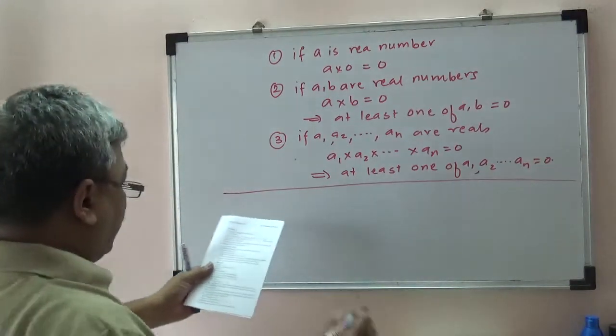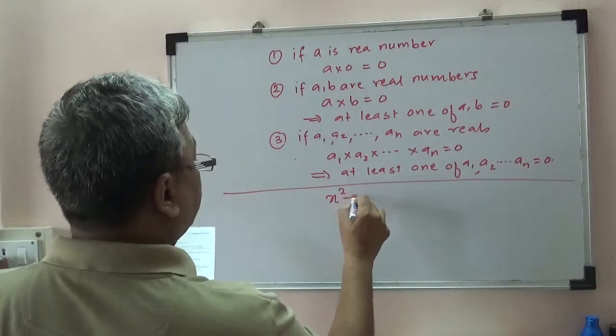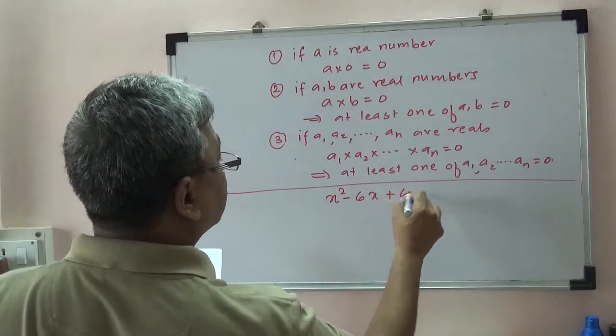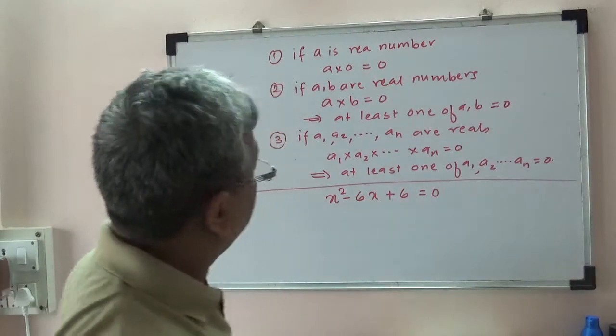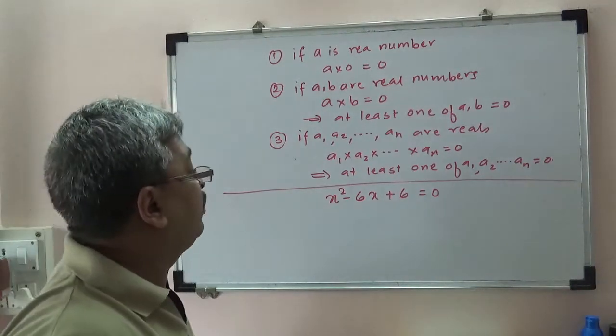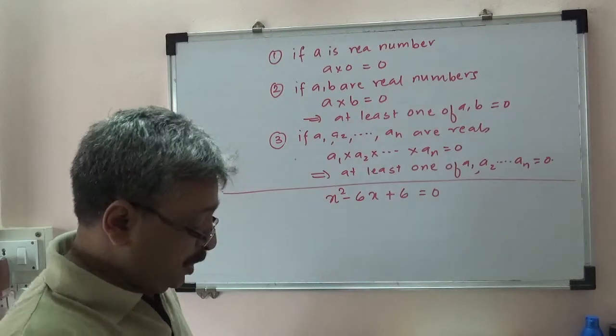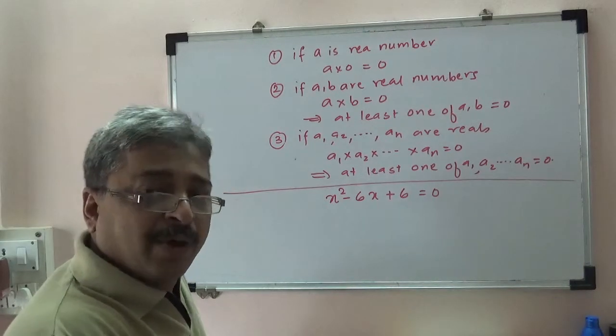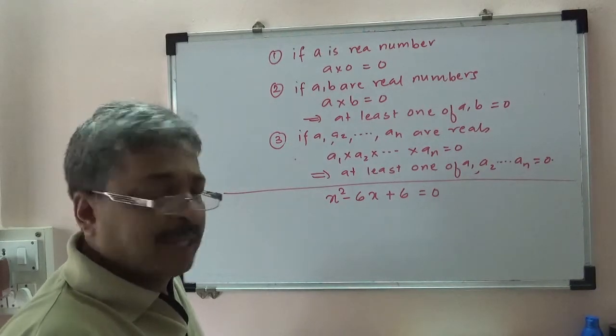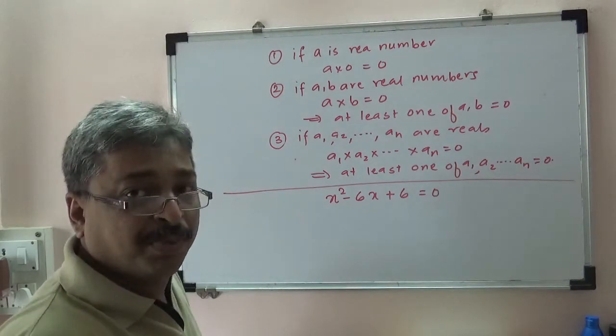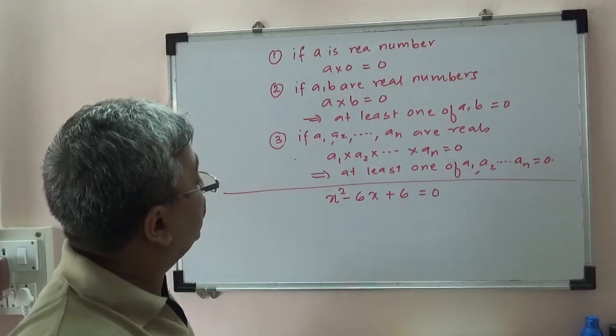Now, if we ask you a question, x square minus 6x plus 6 is equal to 0, what are the real values of x which make this quadratic equation equal to 0, then no method that we have used so far, method of inspection or method of improved guessing, will work in this case.